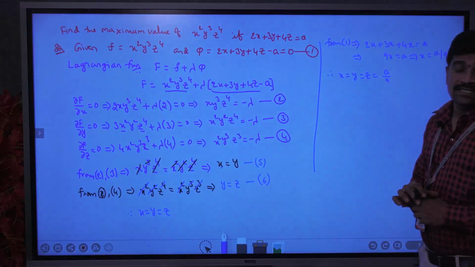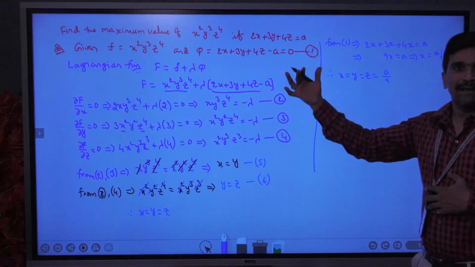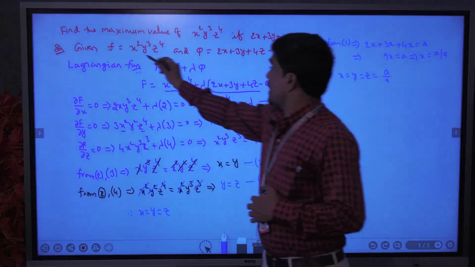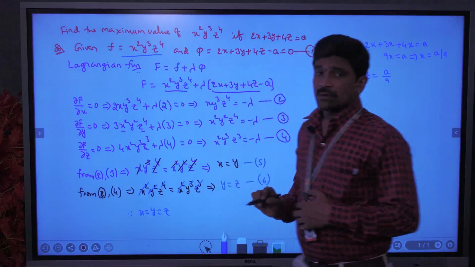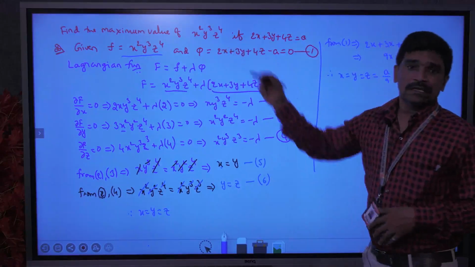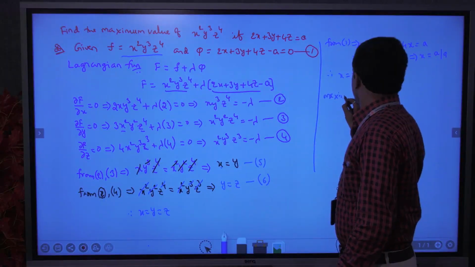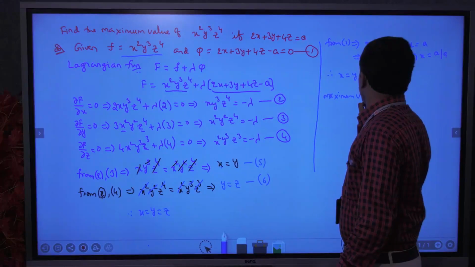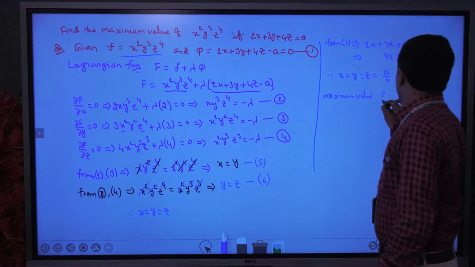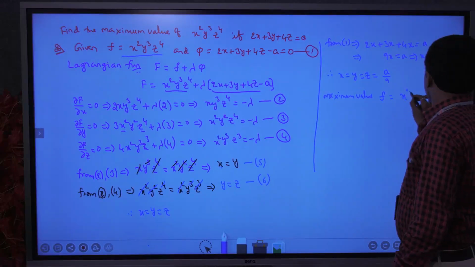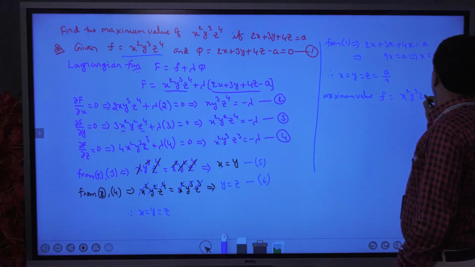So we get the x, y, z values. Now we have to calculate the maximum of the given function. So substitute these values of x, y, z. Therefore the maximum value of f is x square y cube z power 4.